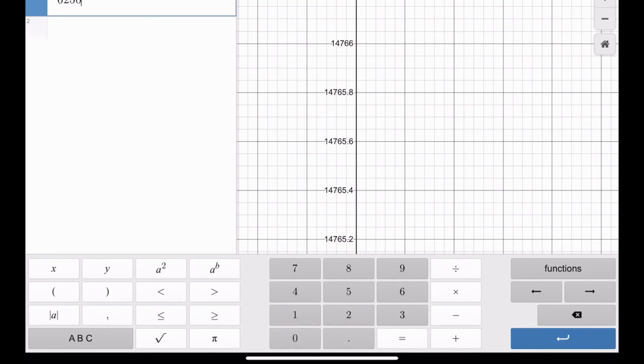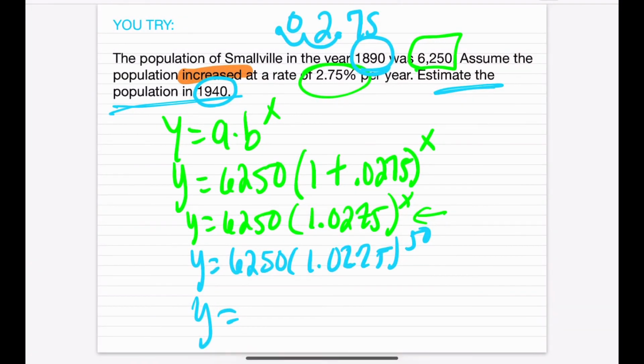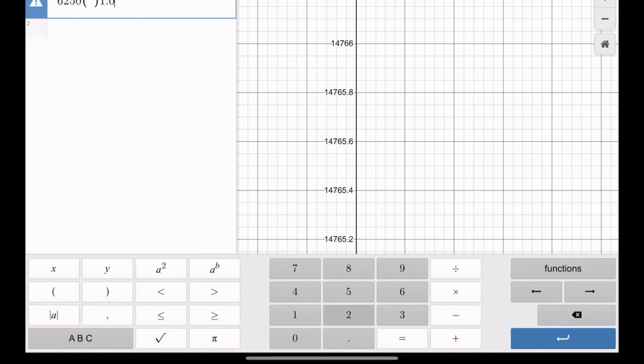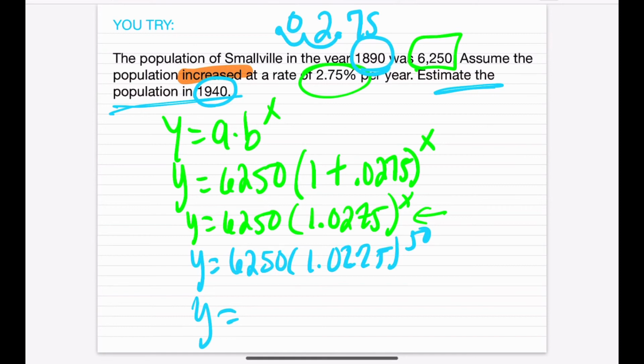So 6,250 times 1.0275, and we said it was 50 years later. Let me make sure my math is right. 0.0275.